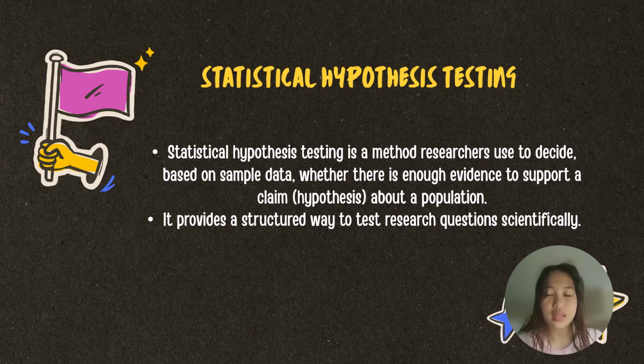In short, hypothesis testing helps researchers move from their assumptions to evidence-based conclusions. Statistical hypothesis testing is also considered the backbone of quantitative research, helping researchers confirm or reject claims about a population based on the sample evidence.